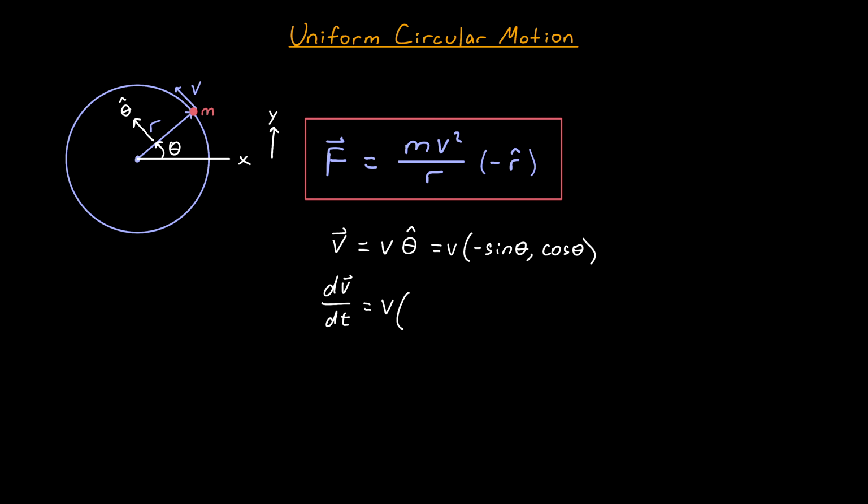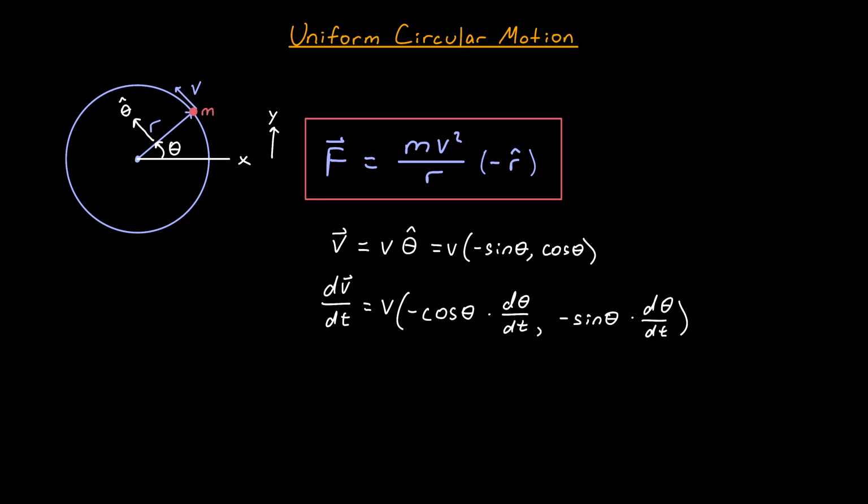Using the chain rule, we first differentiate with respect to theta, and then take d theta dt. If we differentiate with respect to theta, we just get minus cosine theta, and then we multiply by d theta dt. And in the y component, the derivative of cosine theta is minus sine theta, and the chain rule again tells us we have to multiply by d theta dt.